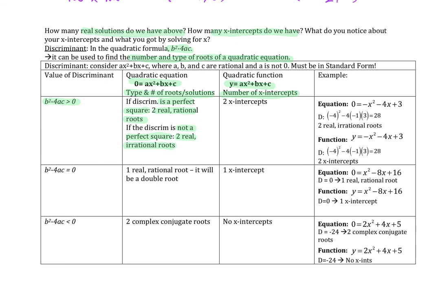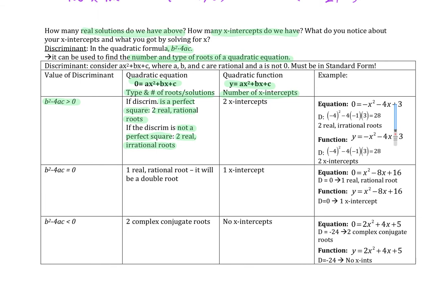That just means that these ones here will be just normal fractions, rational numbers, like something we could get from a quadratic equation that we factored. This would have some sort of square root in it. But all that means for a function is that it has 2 x-intercepts.